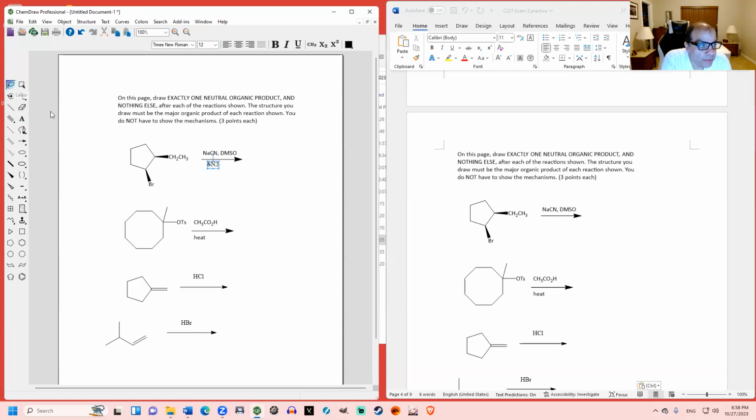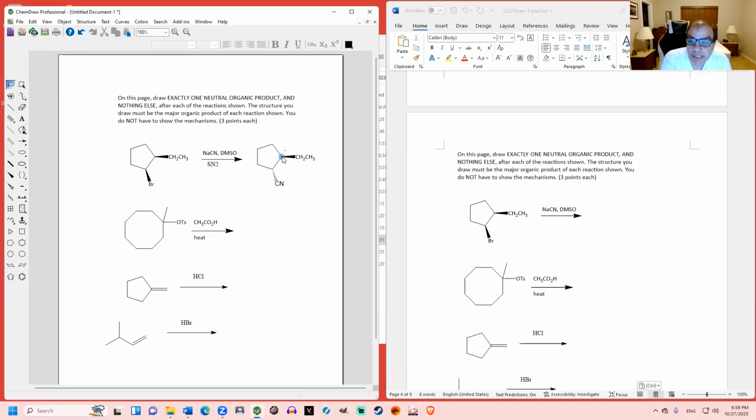And so that means the cyano group is going to replace the bromine. But not only that, you will get inversion of configuration. That's something you need to know about SN2 reactions, that you get 100% inversion of configuration.